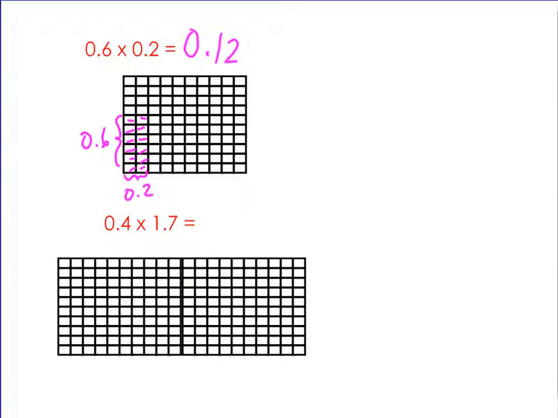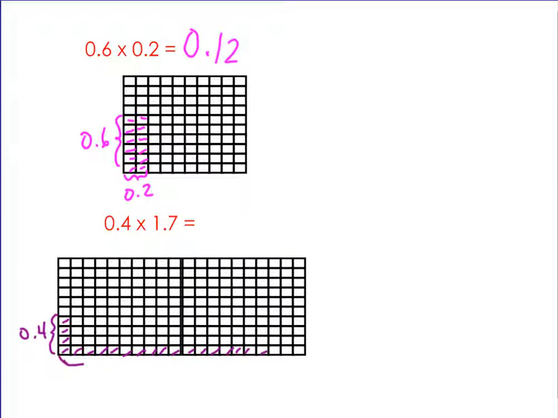So 0.6 times 0.2 is 0 and 12 hundredths. Now my next one down here is 0.4 times 1.7. So 4/10 is 4 complete rows. This will be 4/10. And then I'm going to need 1 and 7/10. So that's 1 whole, that will be all of this, and 7/10, so I'll need 1, 2, 3, 4, 5, 6, 7/10.